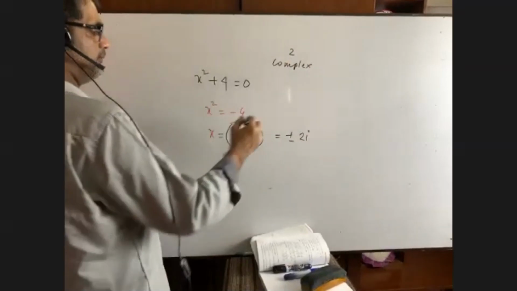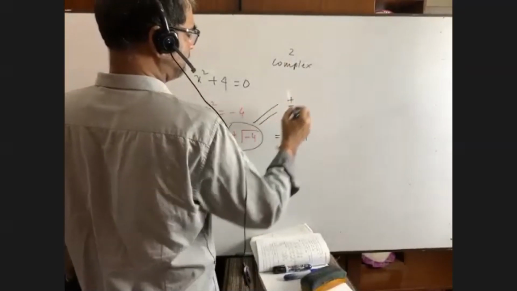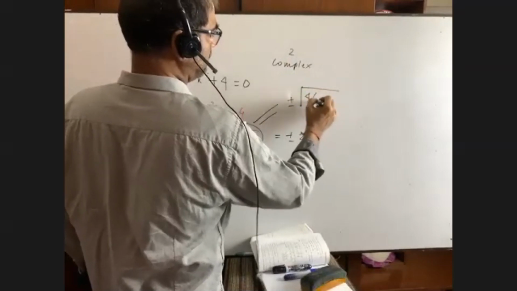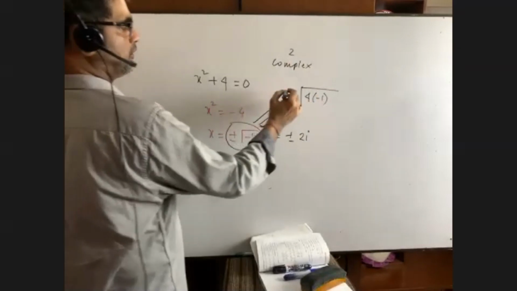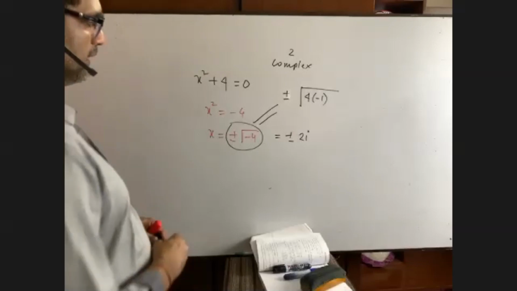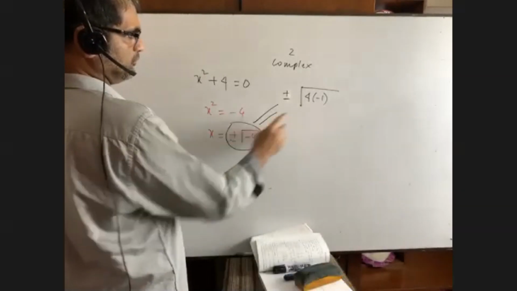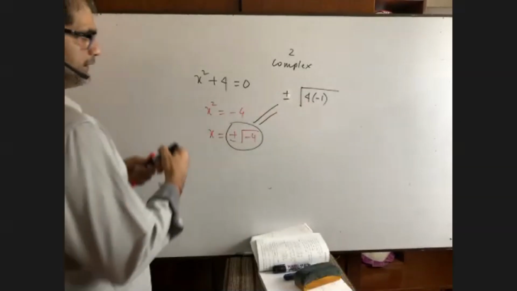How does it come? We can write here plus minus root over 4 into minus 1. Can you write this? Plus minus 4 into minus 1. Yes, sir. Very good.